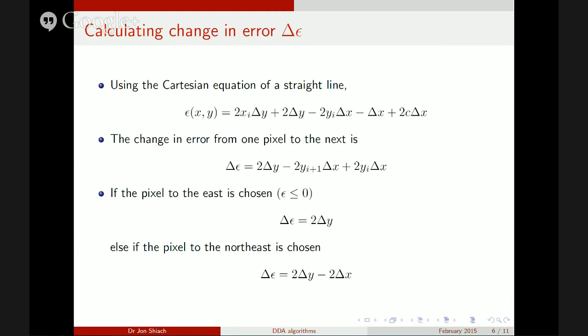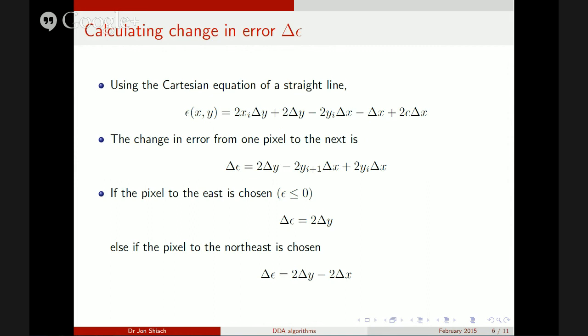So lots and lots of algebra, but at the end of it, we have 3 expressions. This is our first error. Notice it's just in terms of delta y and delta x. Very, very simple. We have the change in error if we chose the pixel to the east to illuminate, or the change in error if we chose the pixel to the northeast.